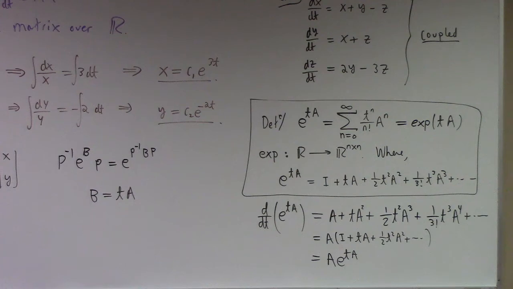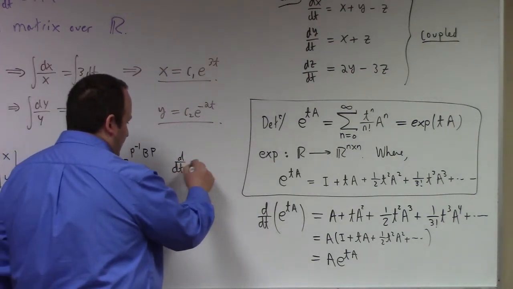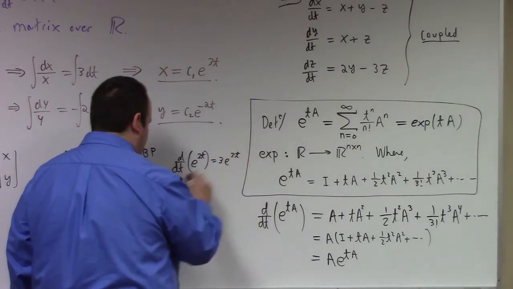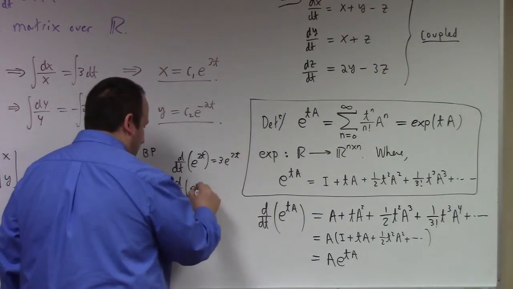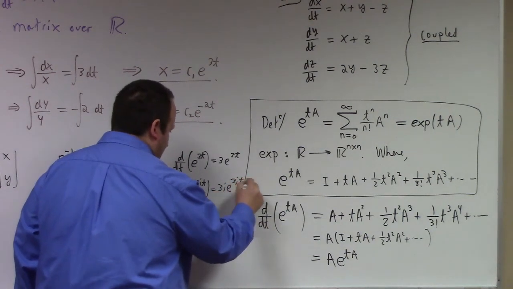So a matrix exponential differentiates just like an ordinary exponential. The derivative of e to the 3t is 3e to the 3t. Exponentials are very forgiving. d/dt of e to the 3t is 3e to the 3t, and d/dt of e to the 3it is 3i e to the 3it.